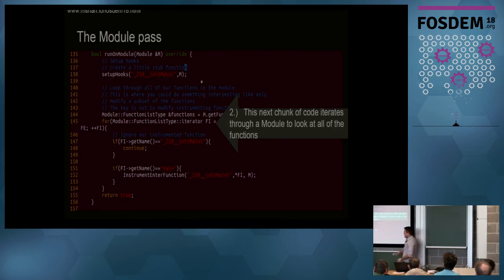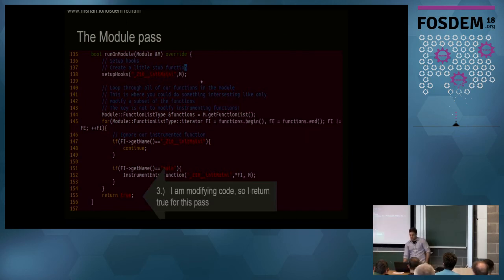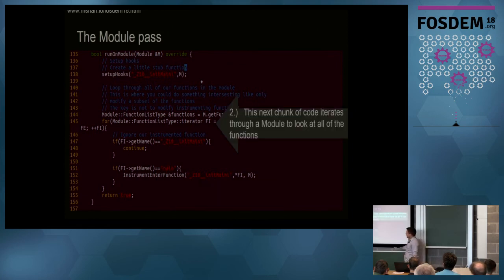The next chunk of code, what this block is doing, since we're in a module, well, just like we iterated through basic blocks and instructions before, a module has a collection of functions that I can iterate through. So that's what it's doing here. It's going to look through all the functions. And what it's doing in this code is, the first thing is I'm ignoring my instrumented functions if I run into those.